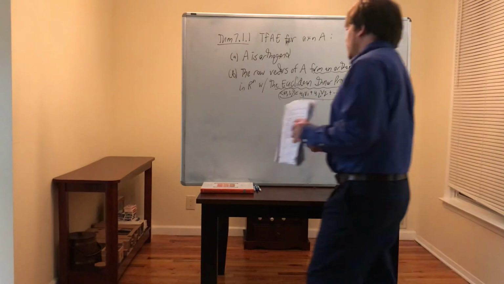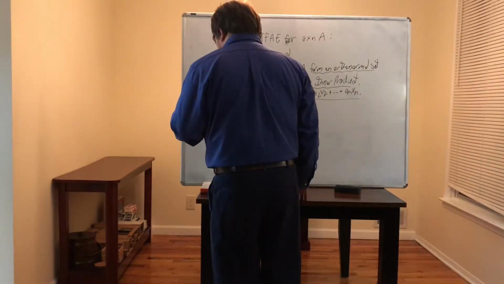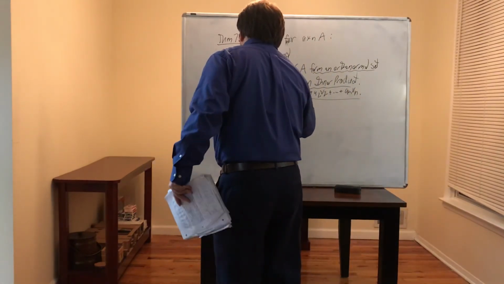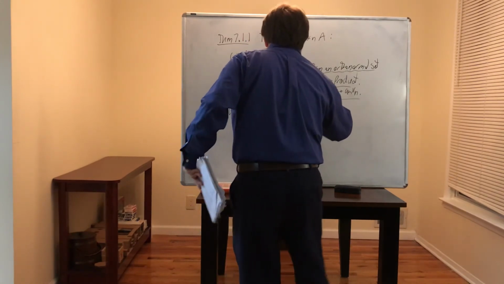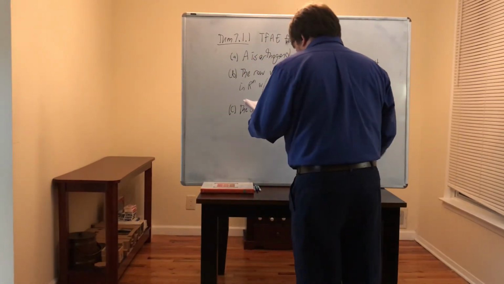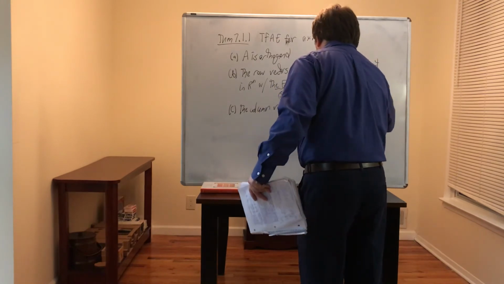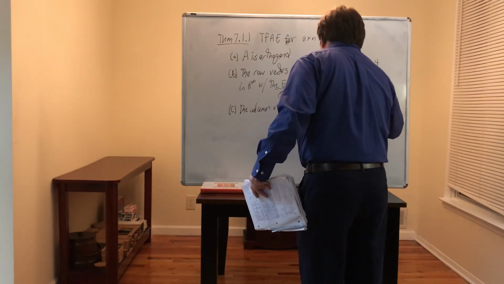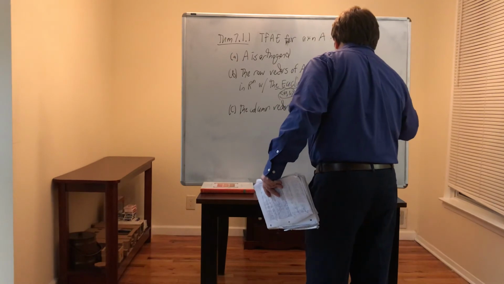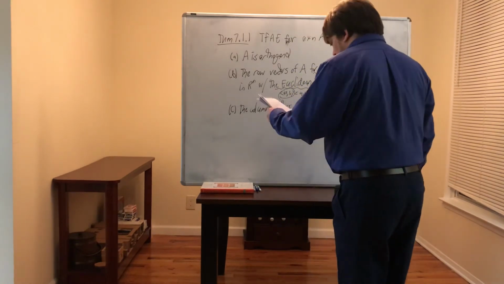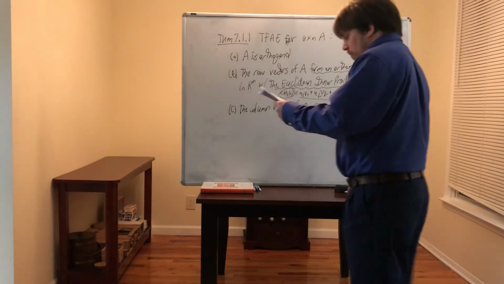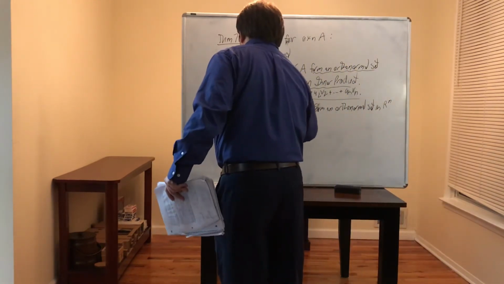Okay, so that's statement B, and statement C is: the column vectors of A form an orthonormal set in Rn with the Euclidean inner product.